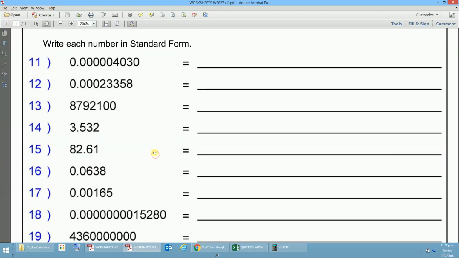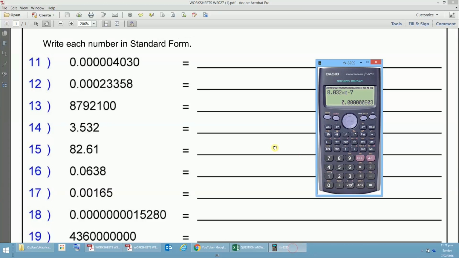Now we're going to go the other way, writing numbers in standard form. So we'll get our calculator back here. To put them in standard form, obviously, we need to change the mode so that we're getting them back in standard form. So shift mode, and we'll go to scientific.